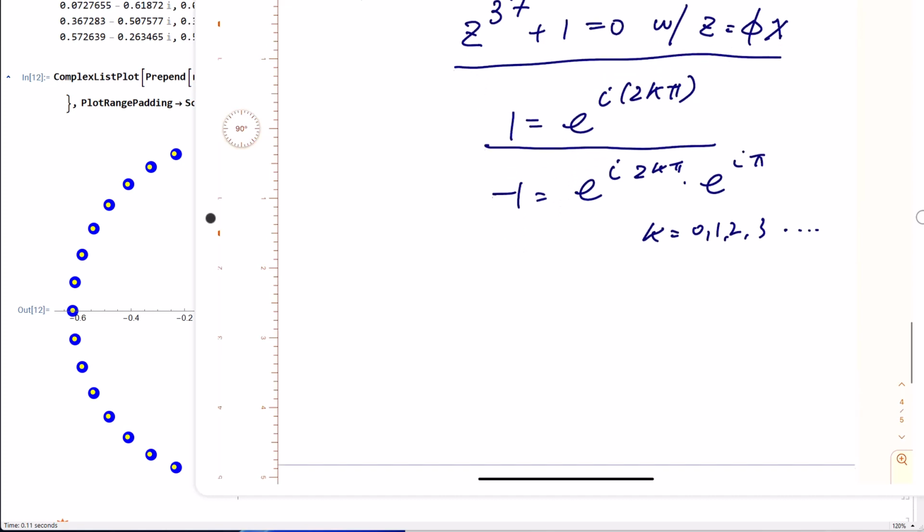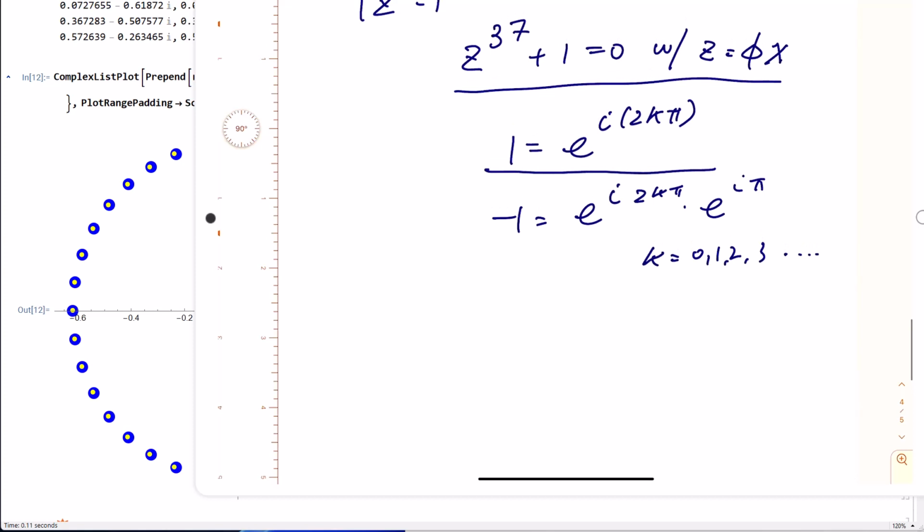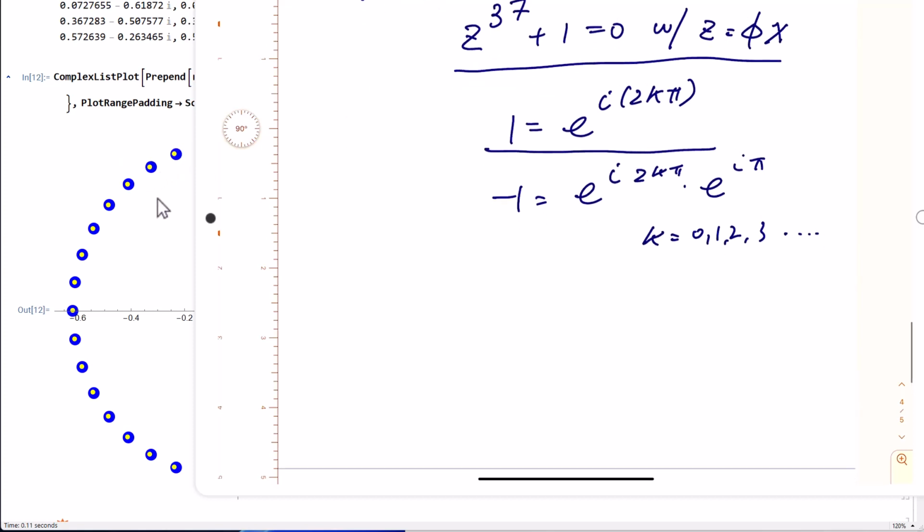Therefore, the blue points will be (2k plus 1) pi over 37, times i. So these are the points.